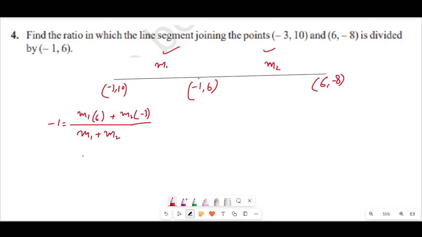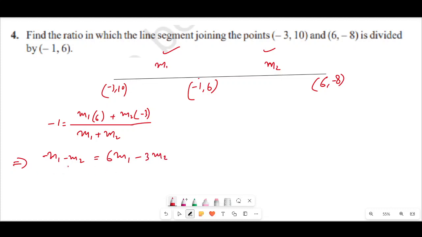Now here we can suppose M1 by M2 as K, but if you do not take it this way, we can still understand the value. Don't worry about this. -M1 minus M2 equal to 6M1 plus -3M2.